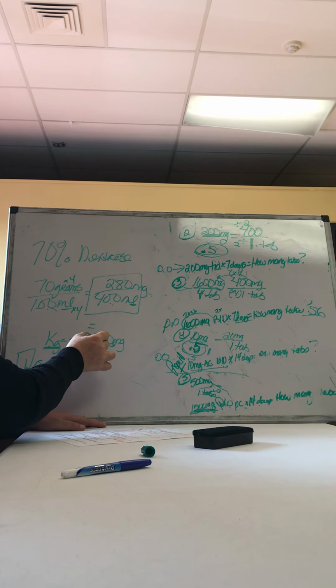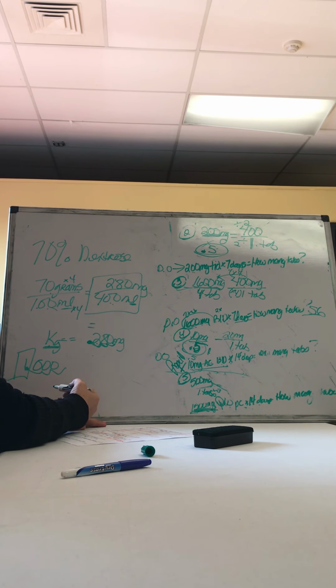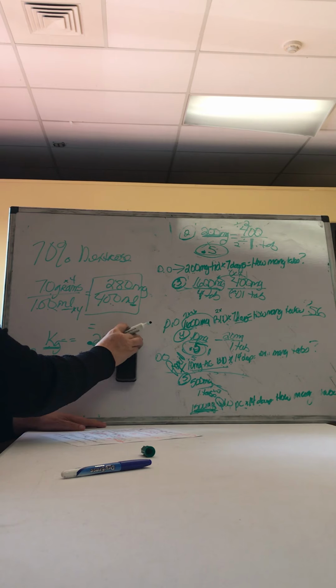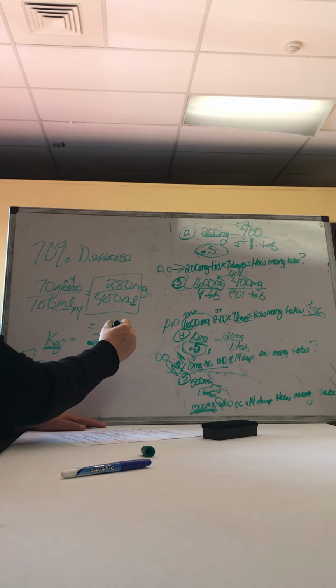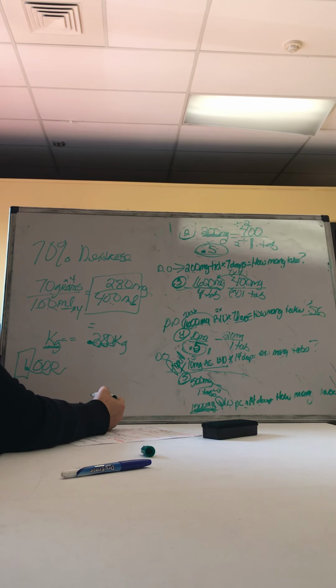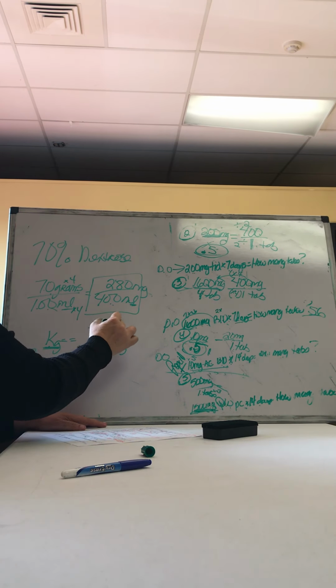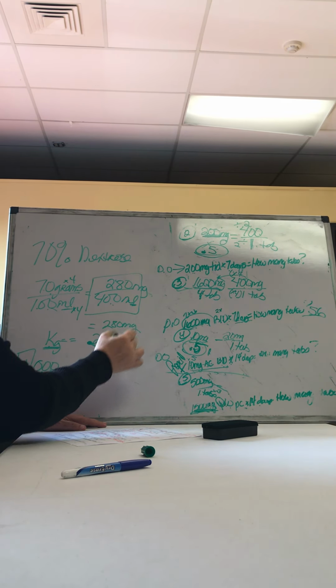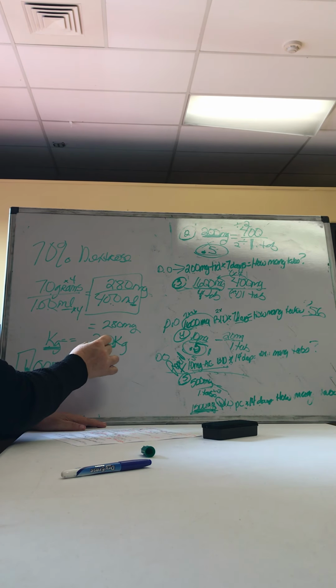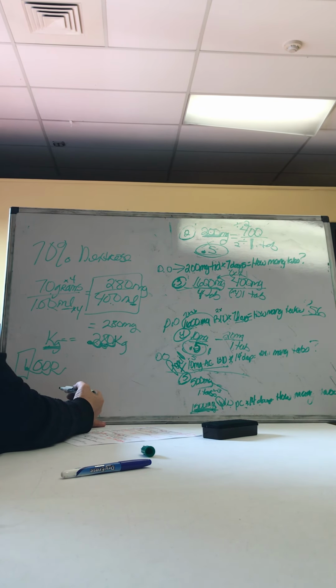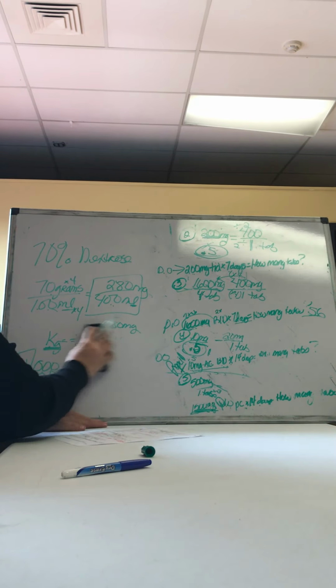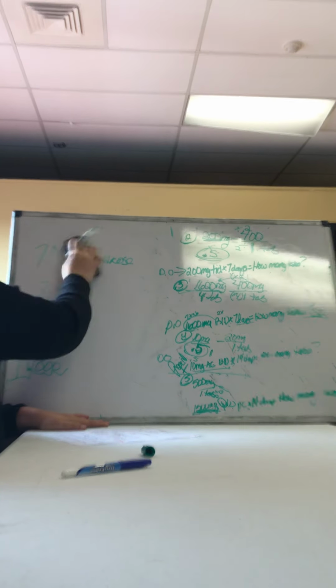So you move it 3 places, and that gives you 0.28. When you move your decimal, that is kilogram. It's 280 grams, but when you put it in kilograms, it's a whole lot smaller number because a kilogram is bigger. Okay, so that's that one.